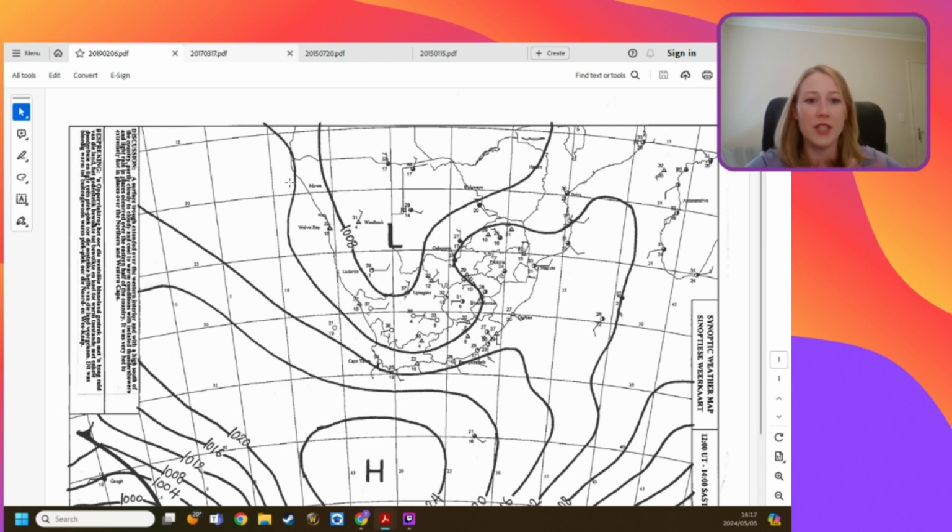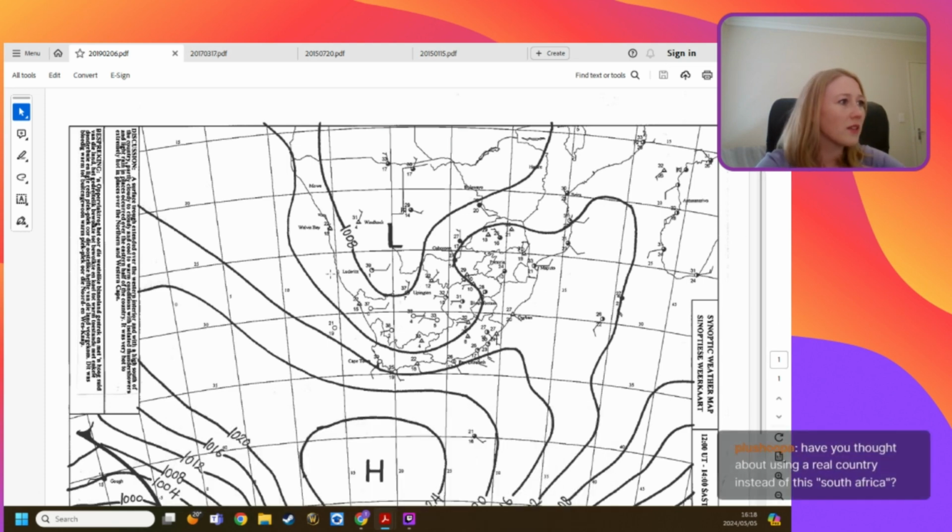Obviously I'm going to use South Africa for all of my examples because that's where I'm based and that's what my curriculum is on. So here we can see South Africa, you can see the outline there.